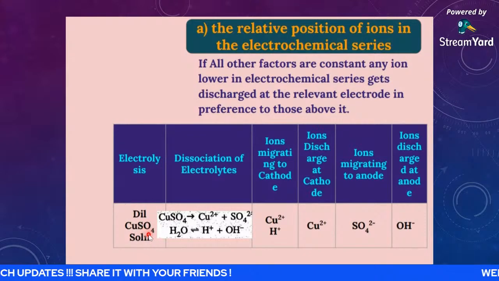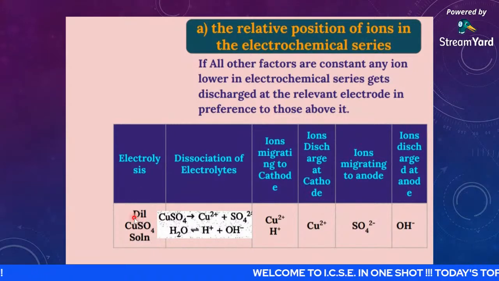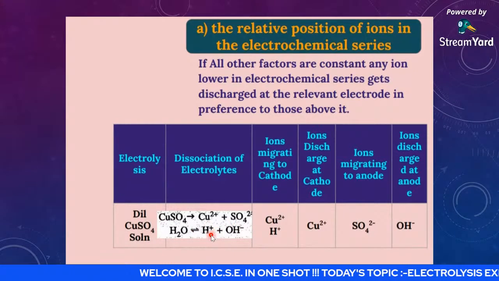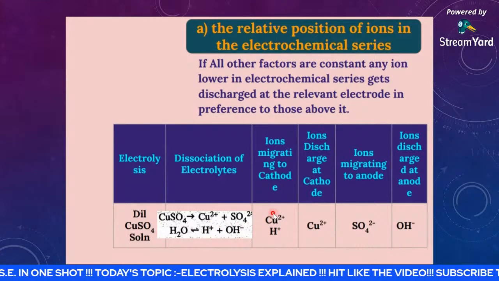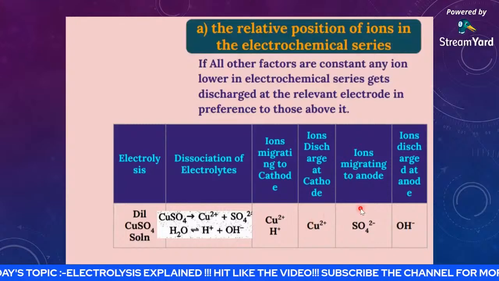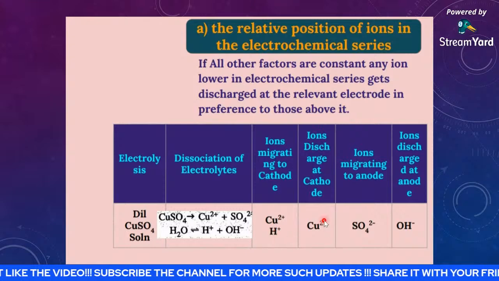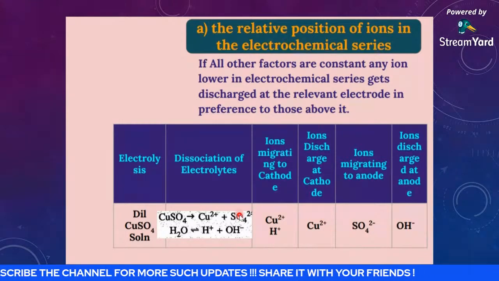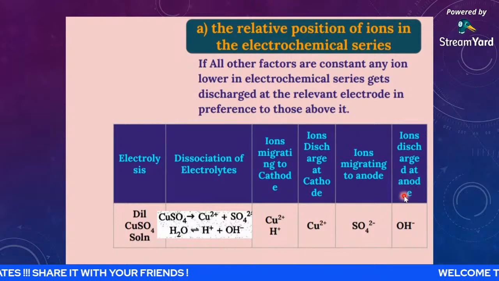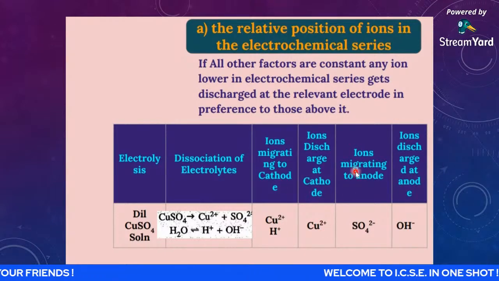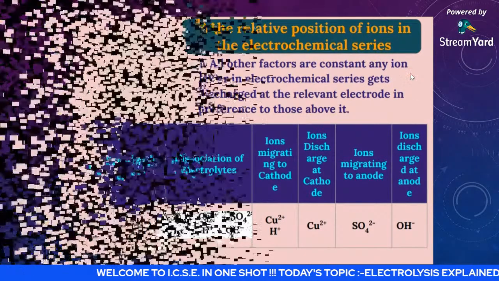See here, in dilute CuSO4 as well as water, because it's a dilute aqueous solution, we have Cu2+, SO4 2-, H+, OH-. Copper is below H+, therefore it gets discharged. Likewise, OH- is below SO4 2-, thus it gets preferentially discharged. Copper at the cathode and OH- at the anode.